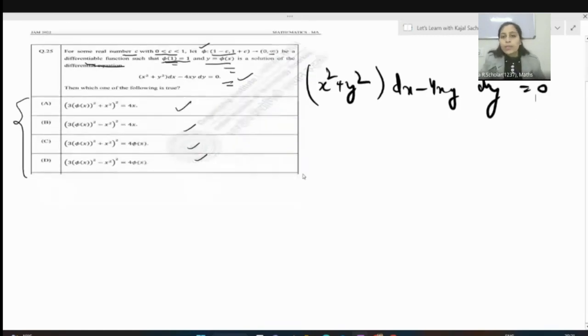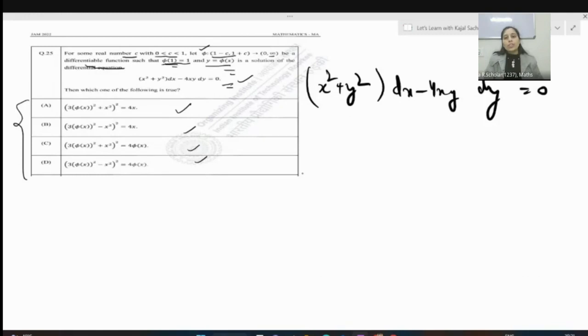We can see the given equation is homogeneous, as both are functions of degree 2. We write this in standard form first, then substitute y is equal to vx as we have discussed in the theory part. So let's try this method.